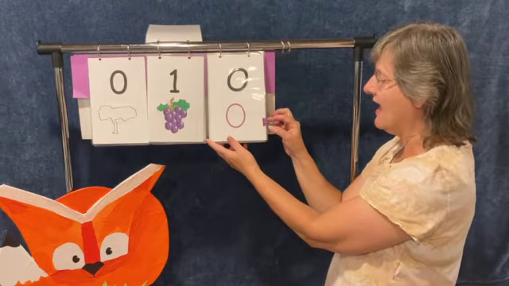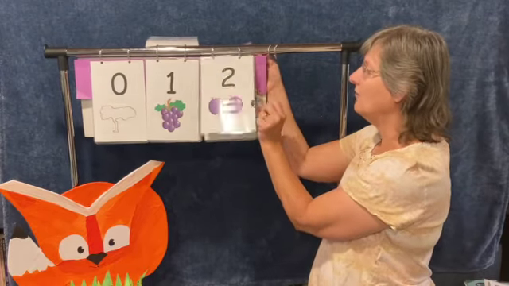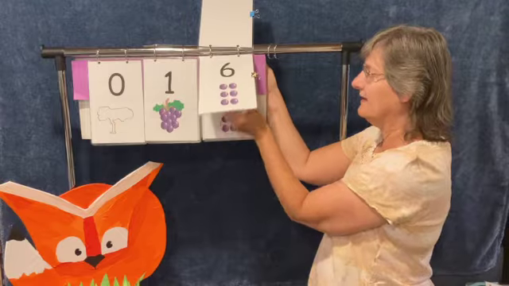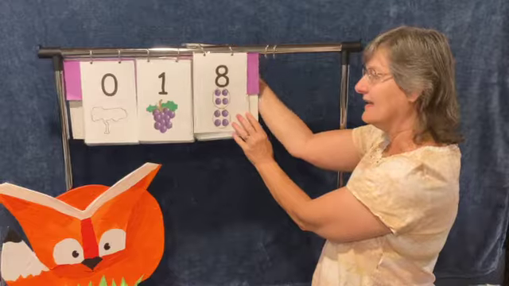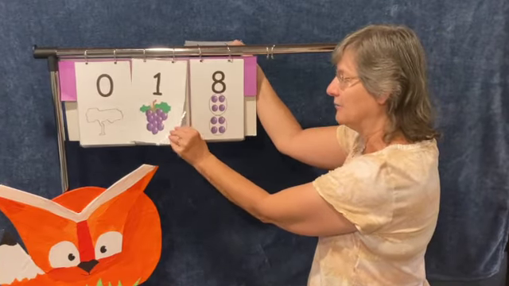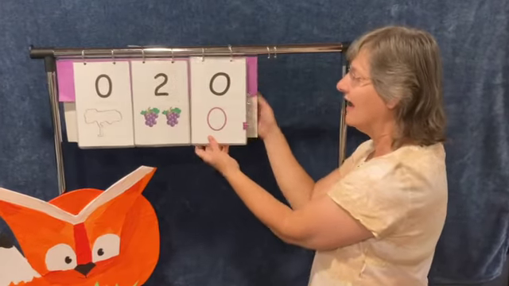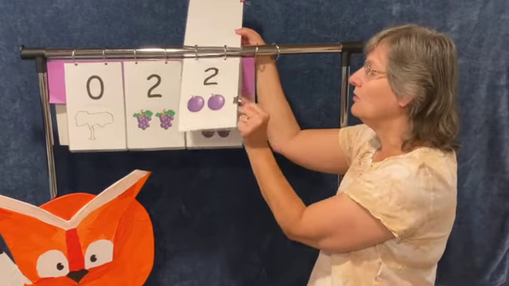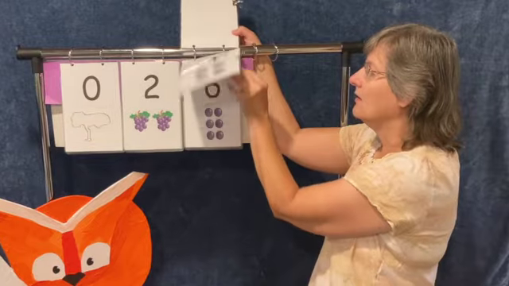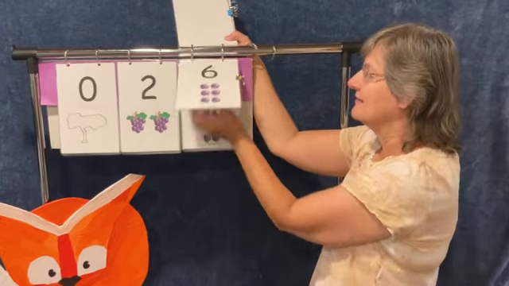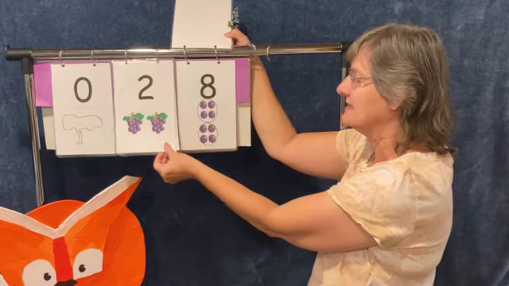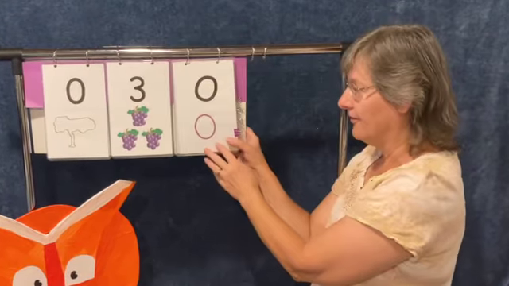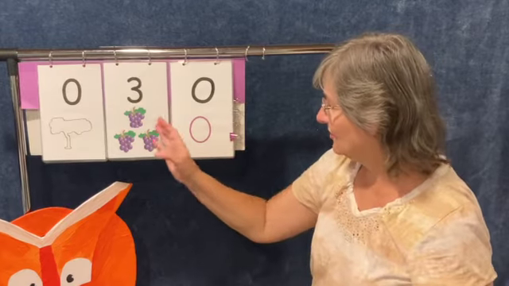And we would have 10, 12, 14, 16, 18, then you would flip your 10s and have 20, 22, 24, 26, 28, and 30, and so forth.